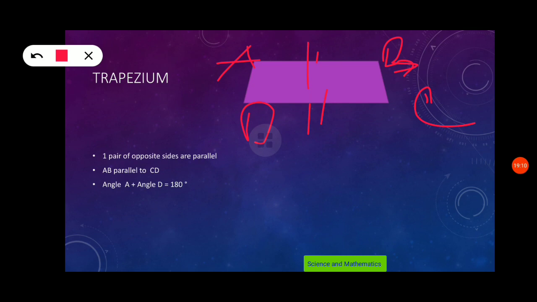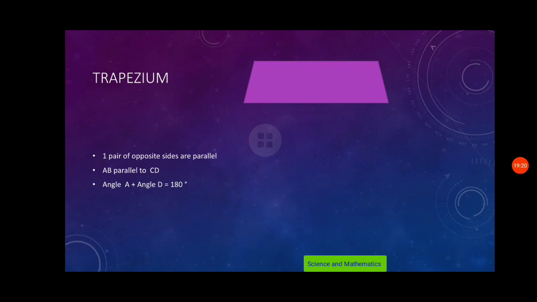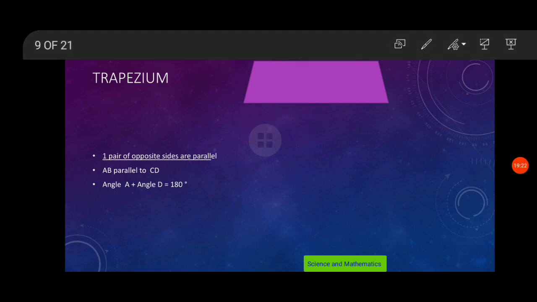Angle A plus angle D, that is the adjacent angles, will form 180 degrees. I hope you have understood this. Trapezium is very easy.